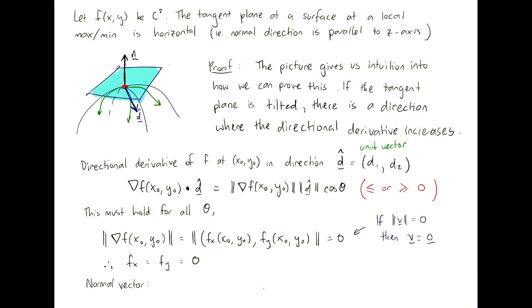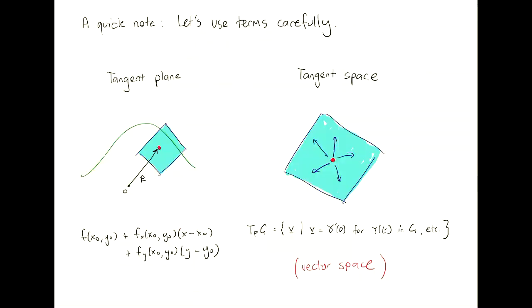So we now know that our tangent plane has f_x equal to f_y equal to 0, which if we go back to our little definition of the tangent plane here, says that our tangent plane is just a constant value.